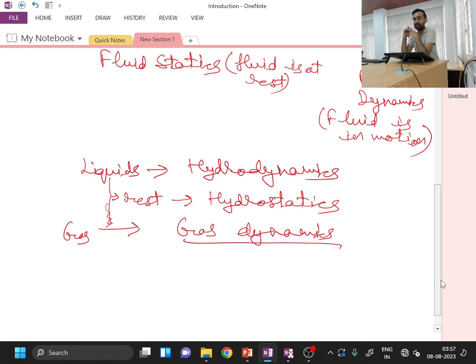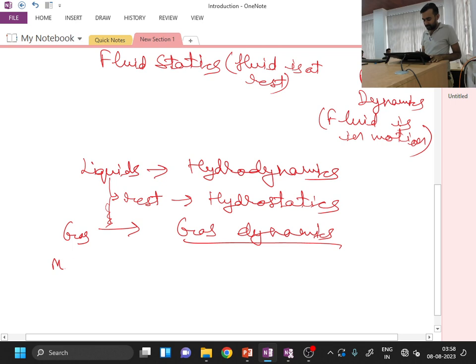Okay, so under this scenario we will be having changes in density of the medium. Okay, so whenever we are involving the gaseous medium with variable density, then we typically call our subject as nothing but gas dynamics. Is this one clear?